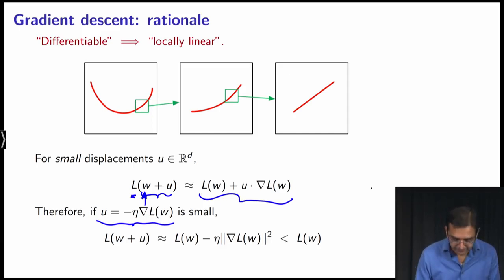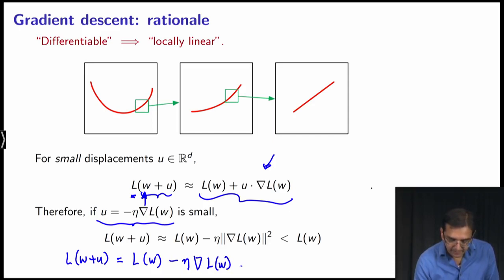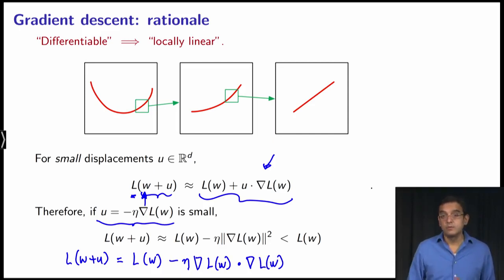What do we get? So we get L of W plus U. So just looking at this linear approximation over here, L of W. Now U is negative eta times the derivative dot product with the same derivative. Now when you take a dot product of a vector with itself, you get the vector squared.